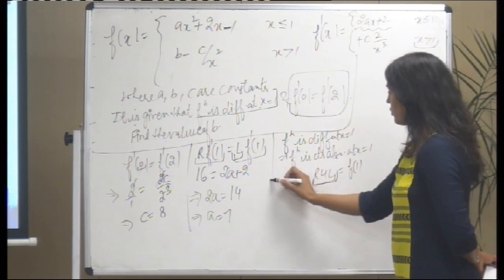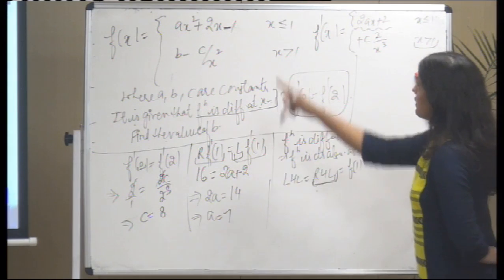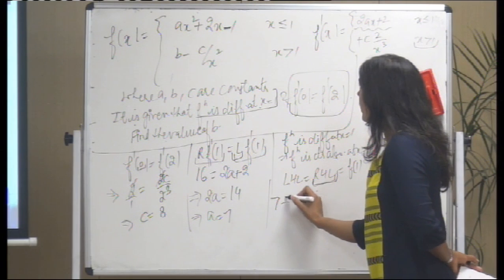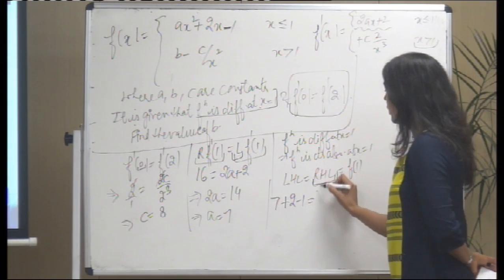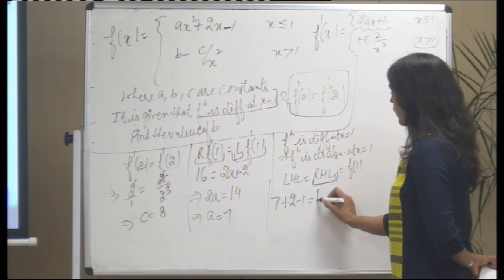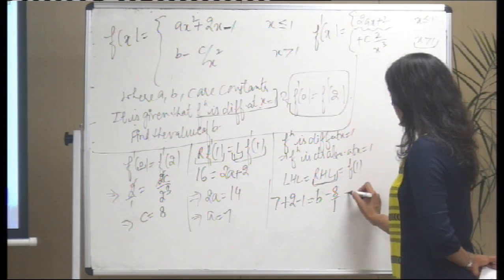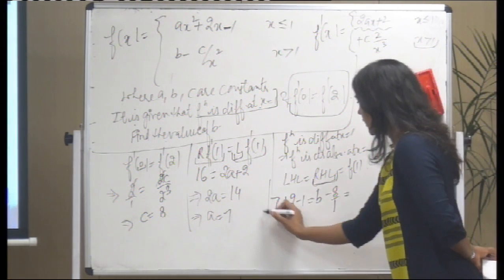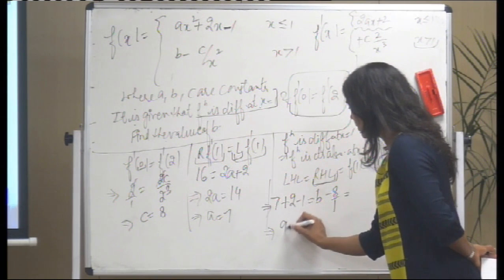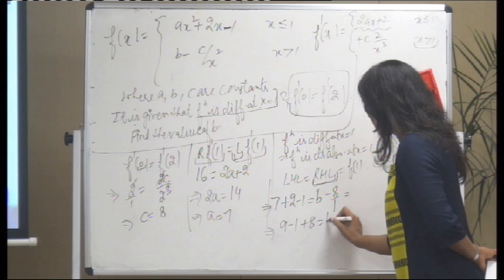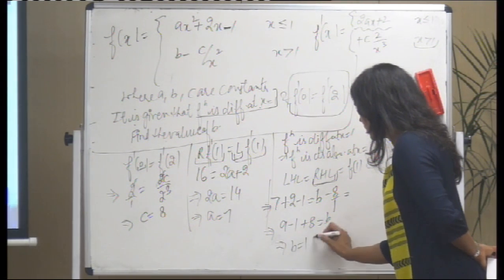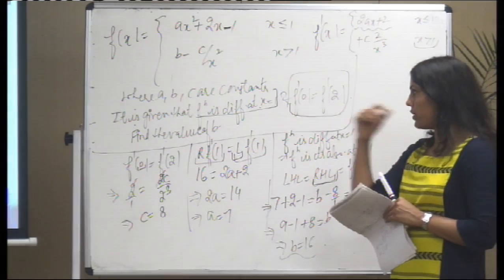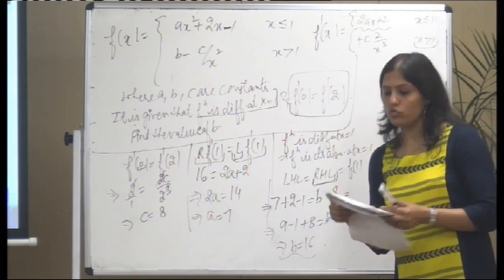So LHL will be, substituting a, 7 + 2 − 1 equal to b − 8 by 1. f(1) is the same value. So 9 − 1 + 8, yes, b is 16. Is it fine? So for any interval you can answer where the function will be continuous or differentiable, and this is how you can find out the values also.